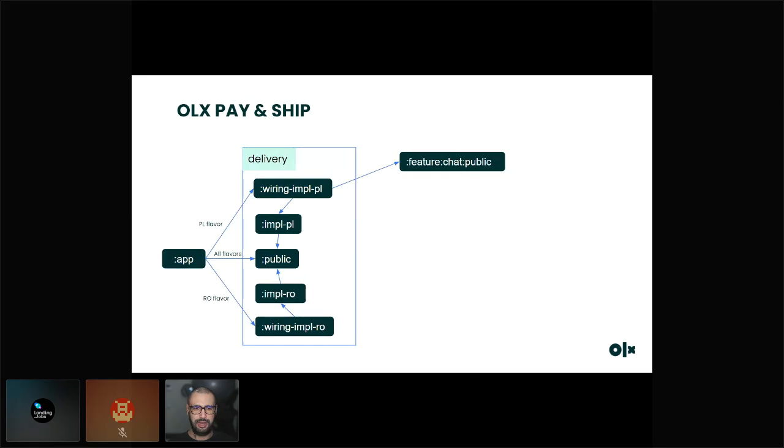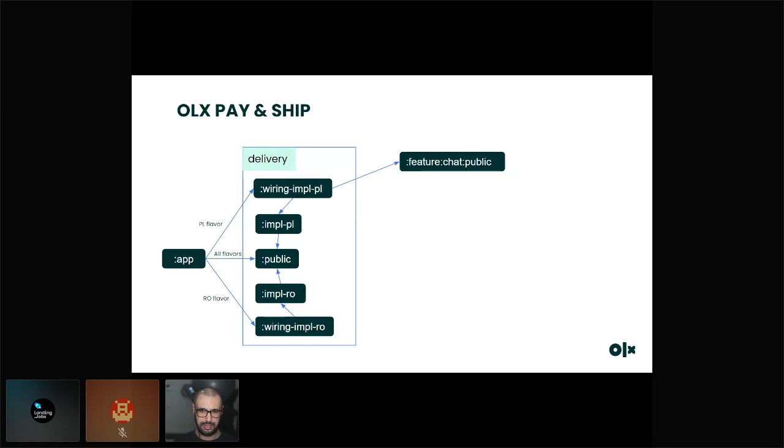If you have something that shares something in common but has its own dependencies, the way we structured the models around that is we split the feature model into three sub-models. So the public model, that's the model that contains the public interface, the contract for how to interact with the feature.